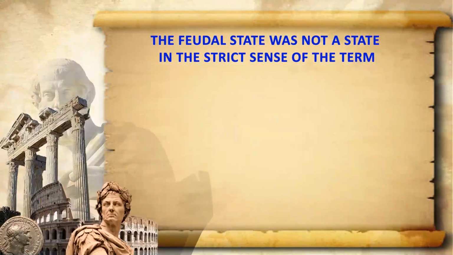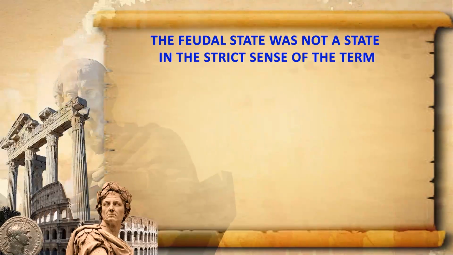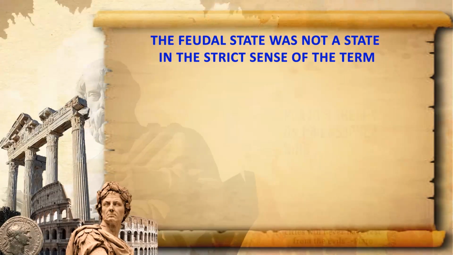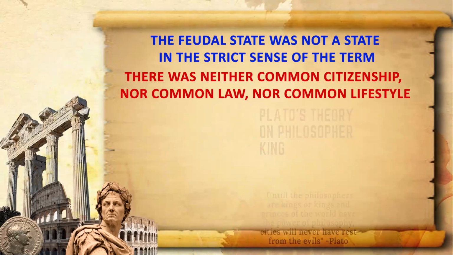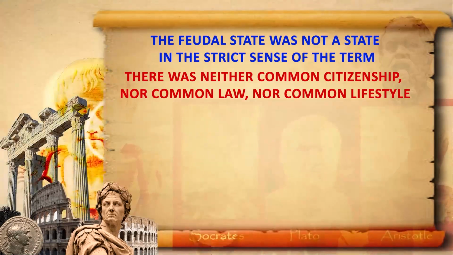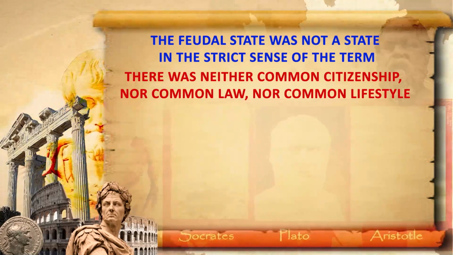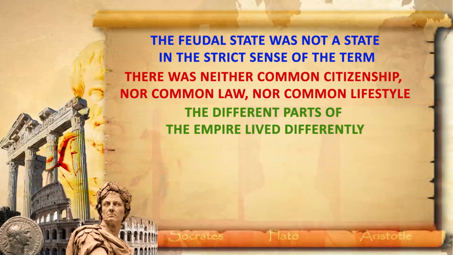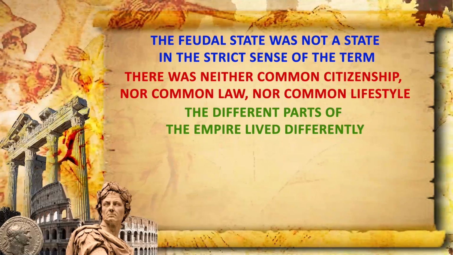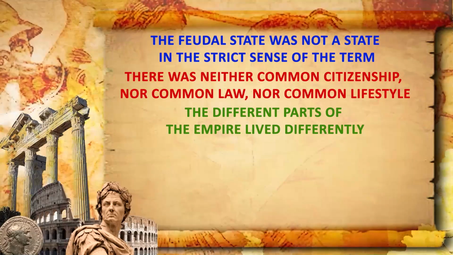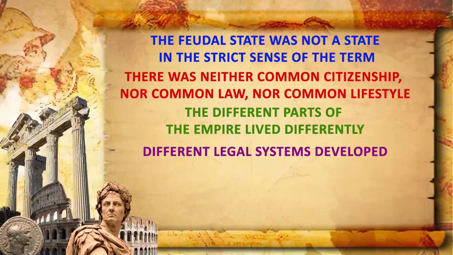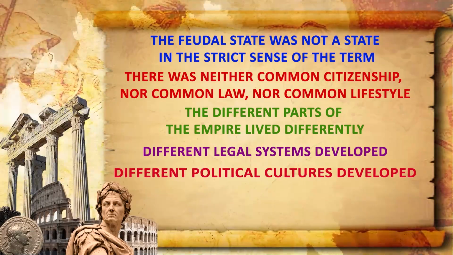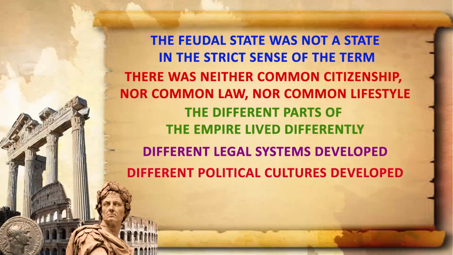The feudal state was not a state in the strict sense of the term. There was neither common citizenship, nor common law, nor common lifestyle, because the different parts of the empire lived differently. Different legal systems developed, different political cultures developed.